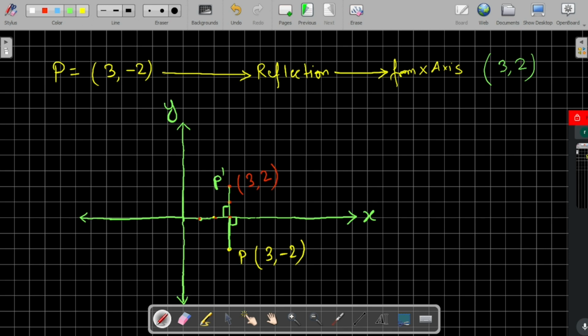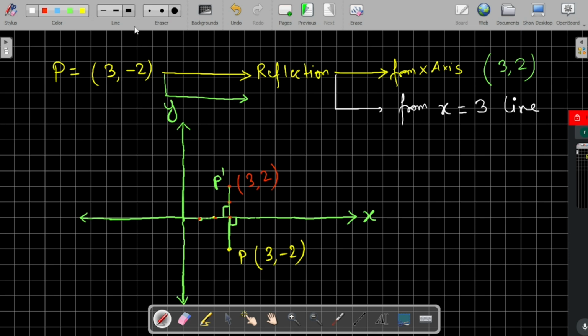With the same concept, you can do one more question. I want to find its reflection from the line x equals 3. The point is still the same.